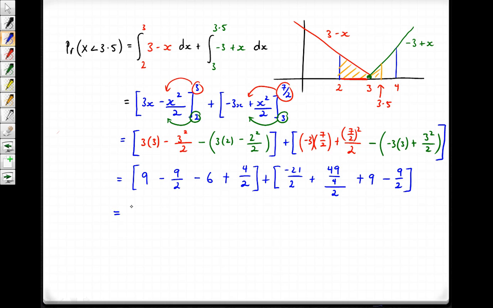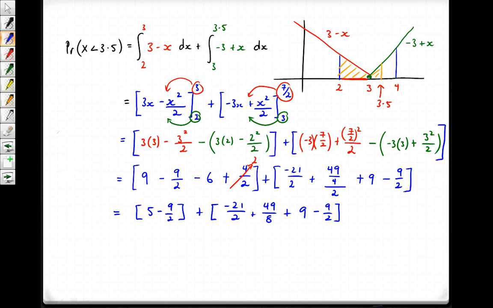So this is just, if we turn these into some easy numbers, that's just a 2. So we're going to have 9 minus 6 is 3 plus 2 is 5. So we're just going to have 5 minus 9 on 2 for the first one, plus, well, that's minus 21 on 2 plus 49 on 8. Plus 9 minus 9 on 2.